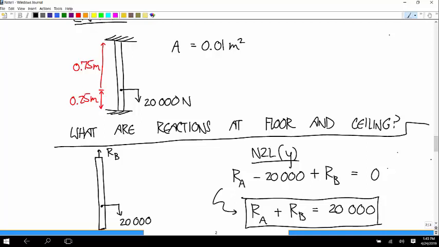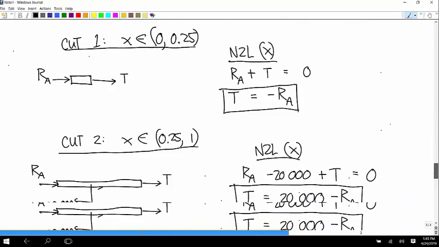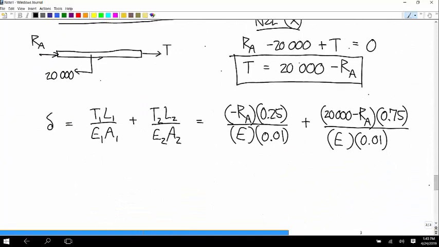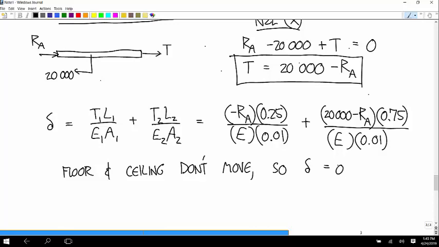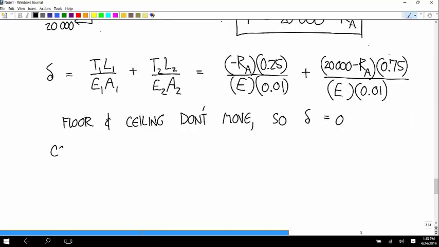So the floor and the ceiling don't move. So delta is equal to 0. And so our constraint equation, we're just going to set all this stuff equal to 0.